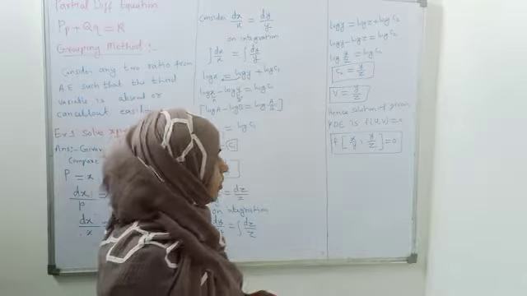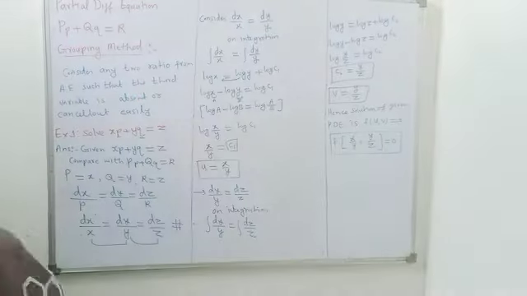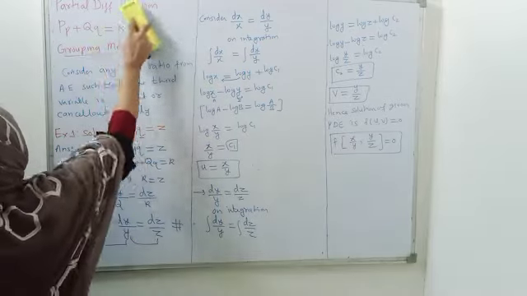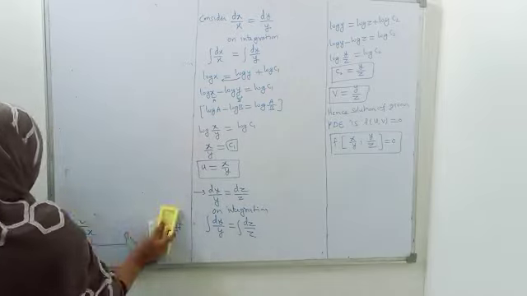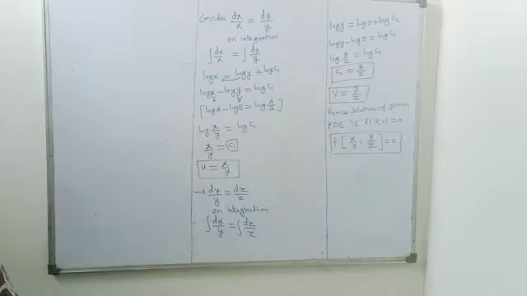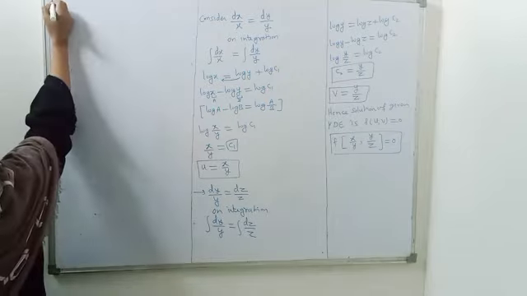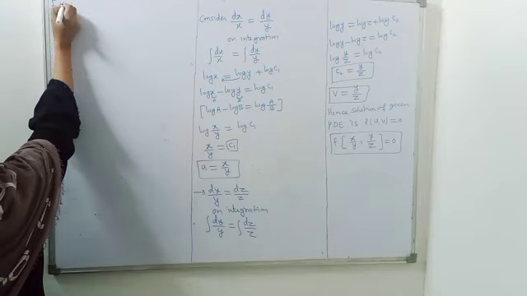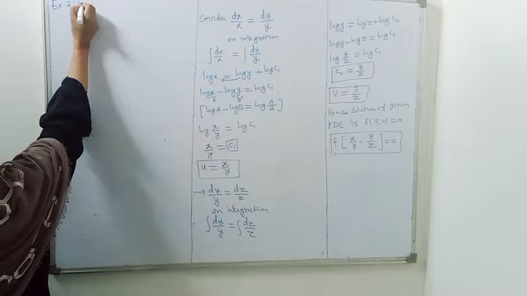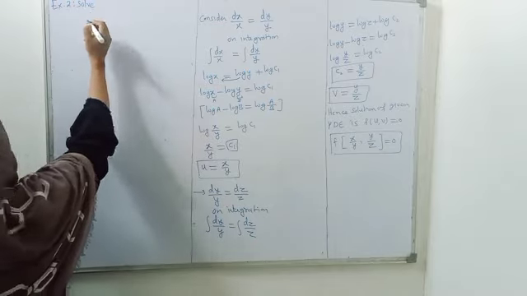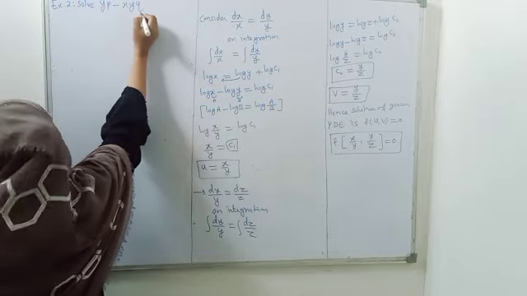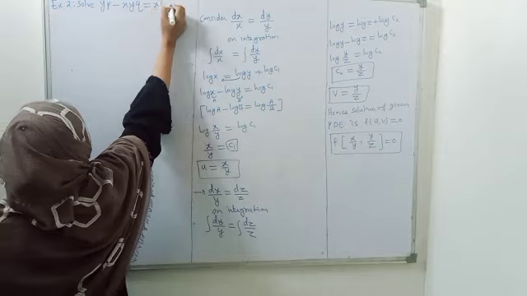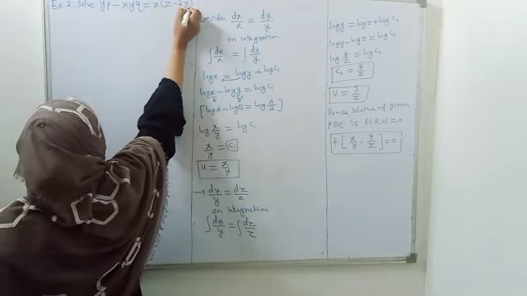So let us move towards the next example, the second one. Example 2. Solve y square p minus xy cube q is equal to x z minus 2y.